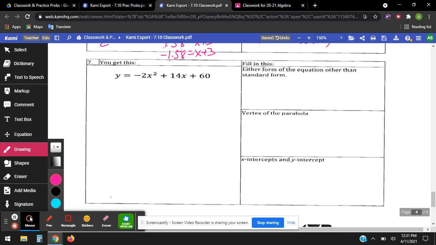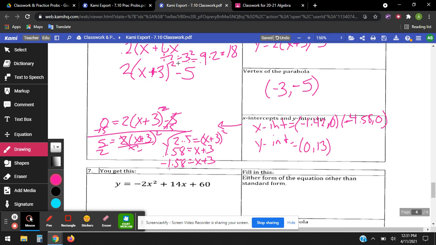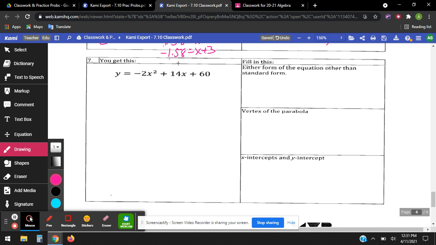All right, 7. I think this is the last one. Either form we want to do on this one. I think I'm going to do factored on this one since we did vertex on the last one. Let's do factored. So here, and all these are even, so that helps us out.